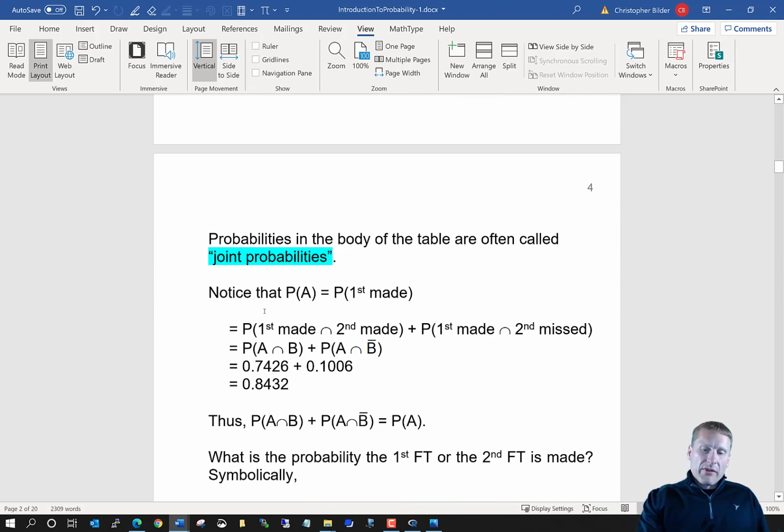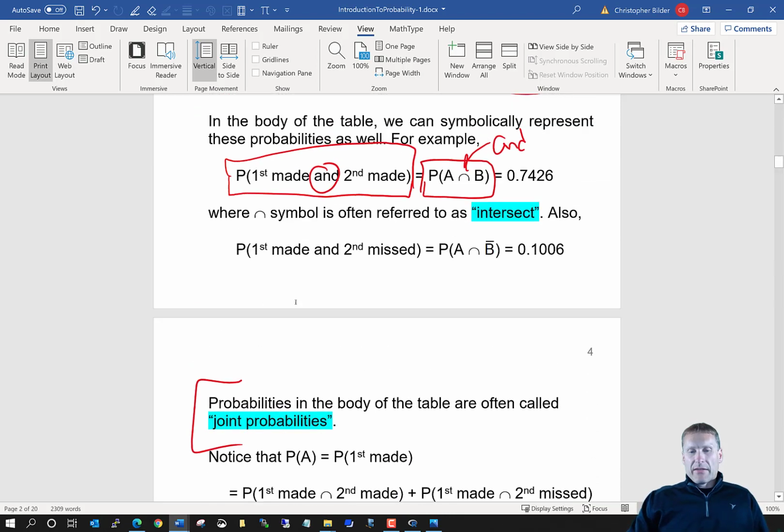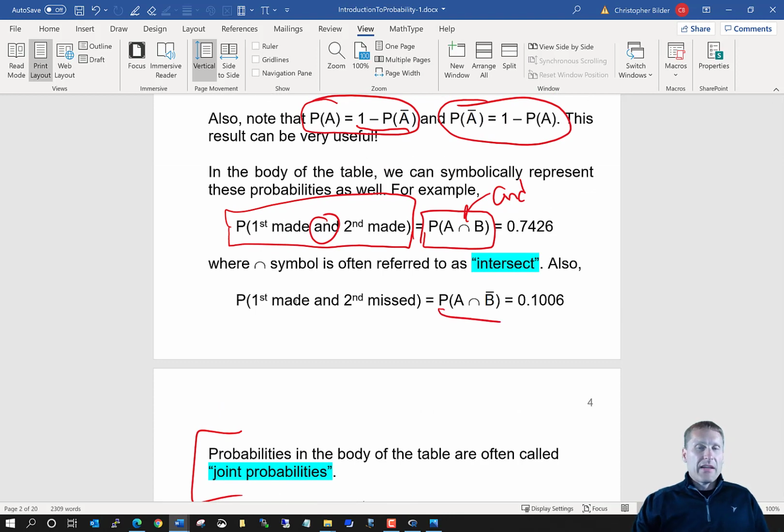We could also look at, let's say, the probability of A intersect B bar, the probability of A bar intersect B, the probability of A bar intersect B bar as well. These probabilities are called joint probabilities because they give us the probabilities of more than one event together.